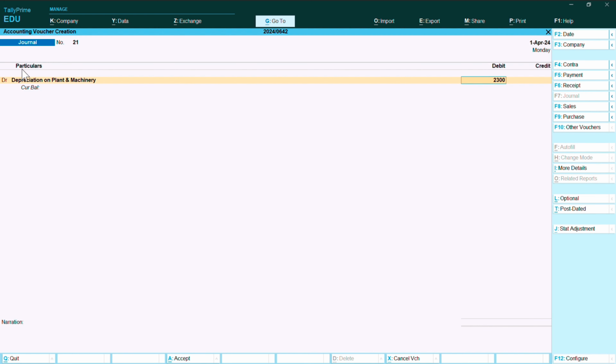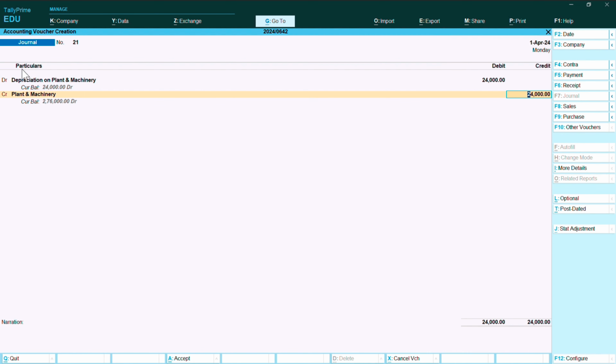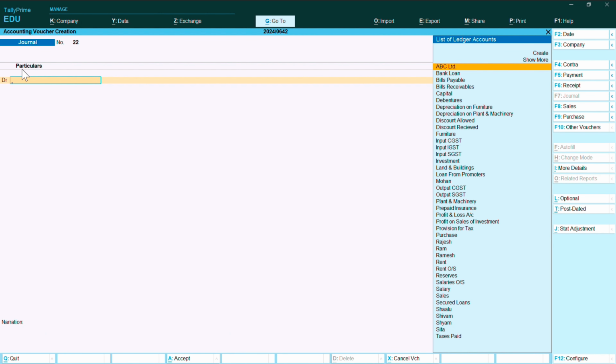Here by mistake I entered 24,000 rupees, but the actual amount is 30,000 rupees as depreciation on plant and machinery. And now I am correcting all the mistakes which I have previously made.